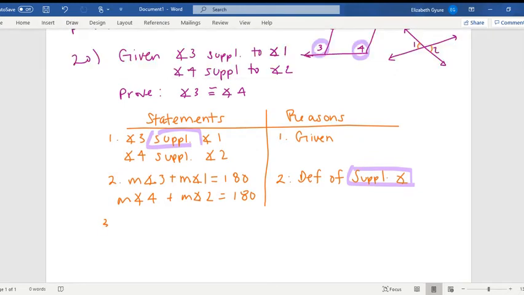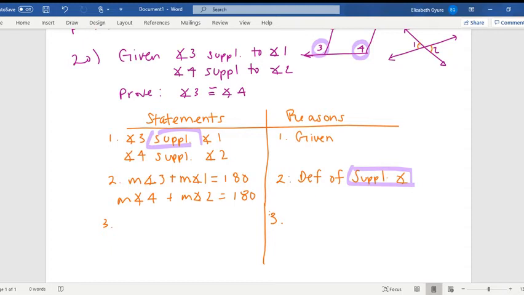So step 3. What do you think I could do now? How do I know I can now set those equal to each other? And how do you know that substitution is appropriate?